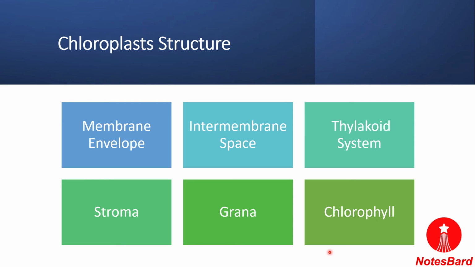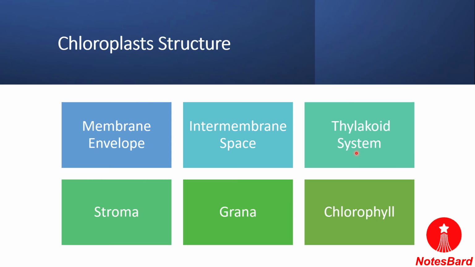First we will discuss the membrane envelope. It comprises an inner and an outer lipid bilayer membrane, and the inner membrane separates the stroma from the intermembrane space. This is what is known as the membrane envelope. The intermembrane space, as we have discussed, is the space between the inner membrane and the outer membrane.